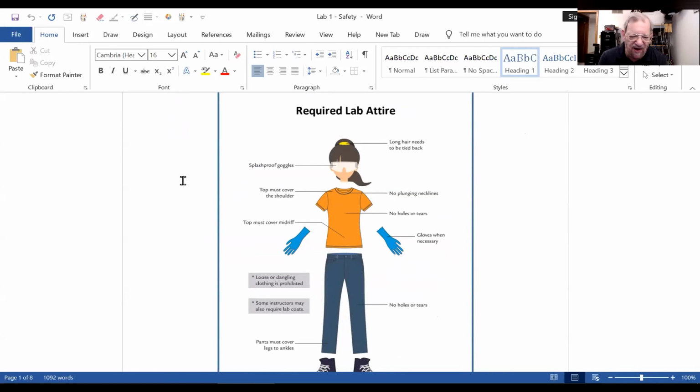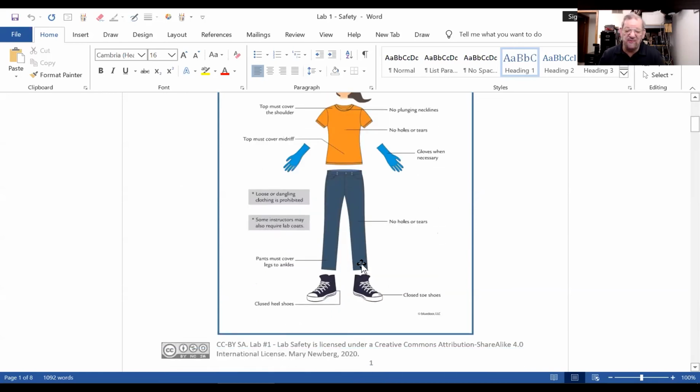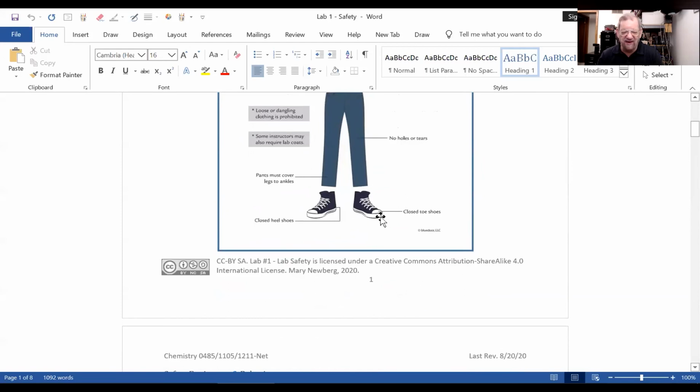You should cover all your skin. You've been given gloves. Wear those. I always do. Wear pants or something like that to protect your legs, and closed shoes in case you break something. You never want to be wearing flip-flops when you're dealing with glassware, which you will in some of the labs, because you can drop it and break it.